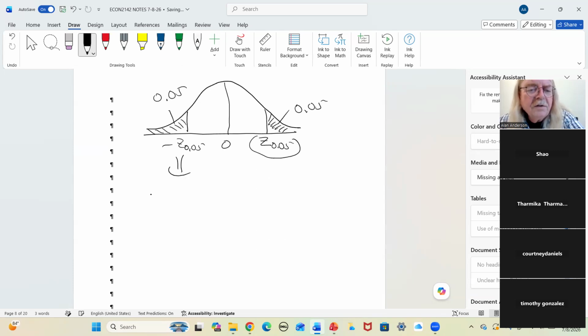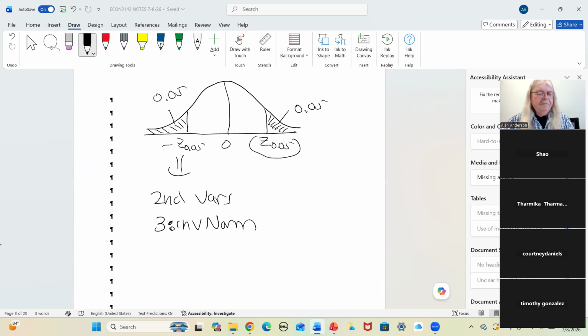How would you find it? You'd go to 2nd VARS, 3, invNorm, and it's going to ask you for area.